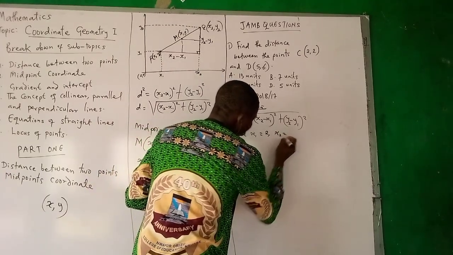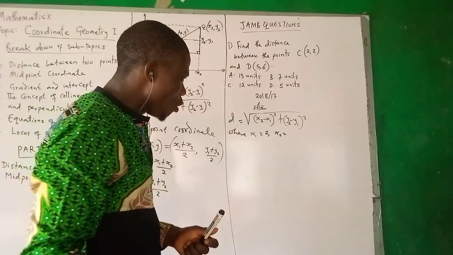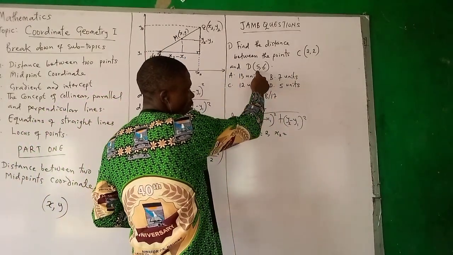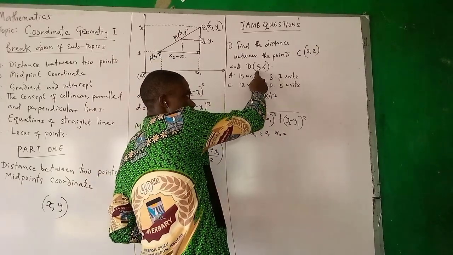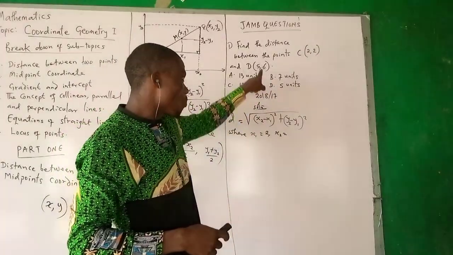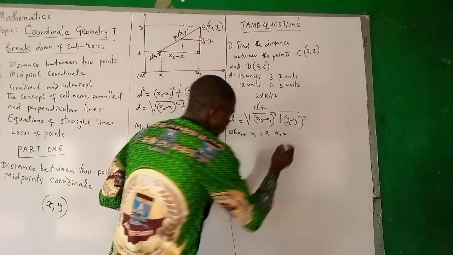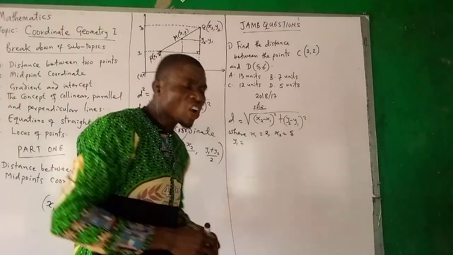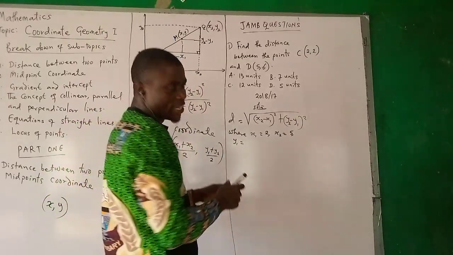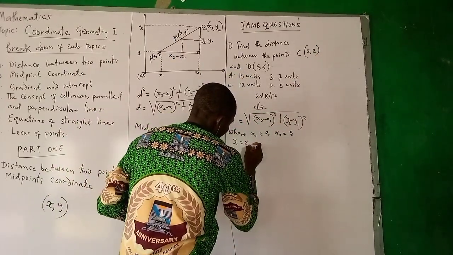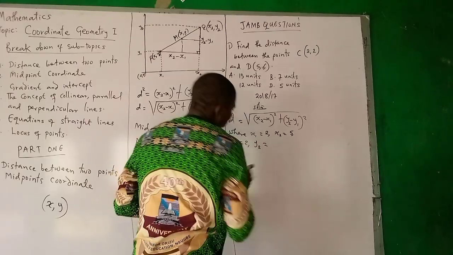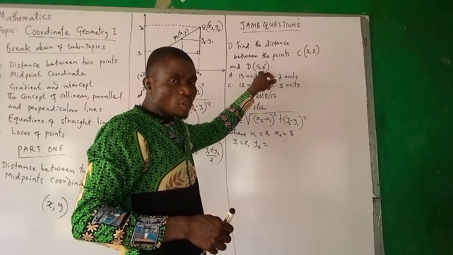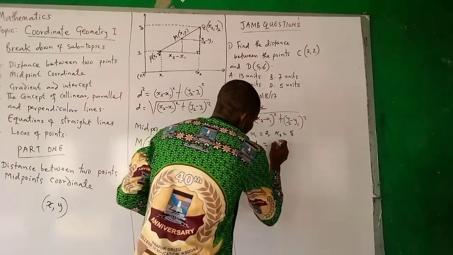Then x2 is the first number from the second bracket, which is 5. y1 is the second number from the first bracket, that is 2. Then y2 is the second number from the second bracket, and that is 6.